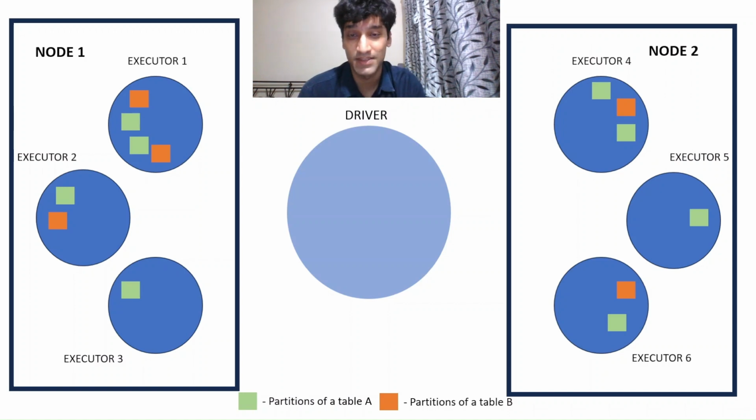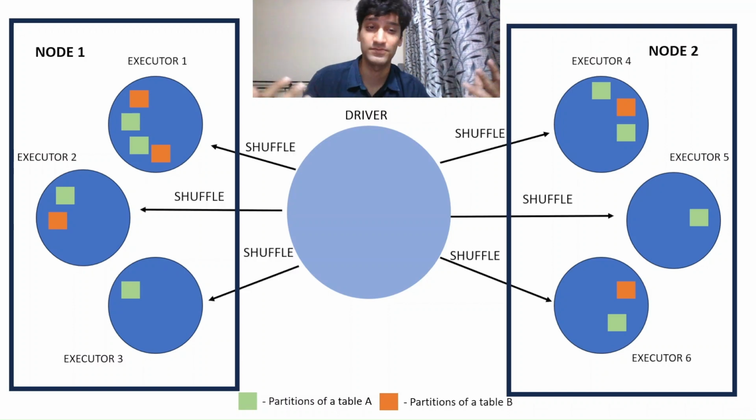The green will be of table A, the orange will be of table B. So when we write something like I want to join these two tables, table A and table B, on let's say ID column, and I want to do an inner join, what the driver will do is it will tell all the executors, hey, we need to shuffle. This is the ID, use it, and we start shuffling, right?